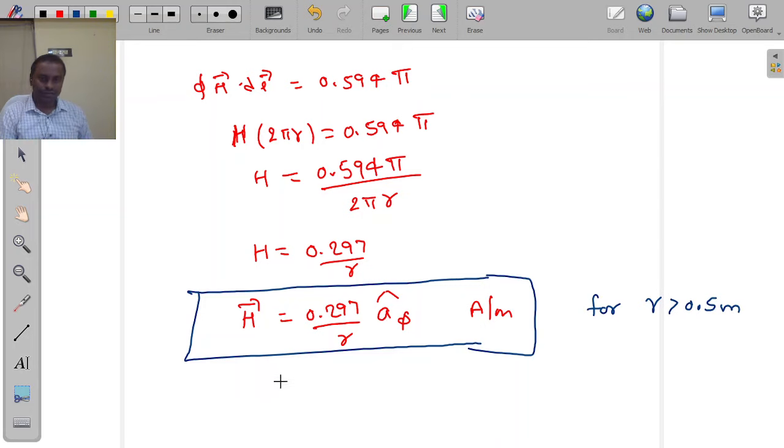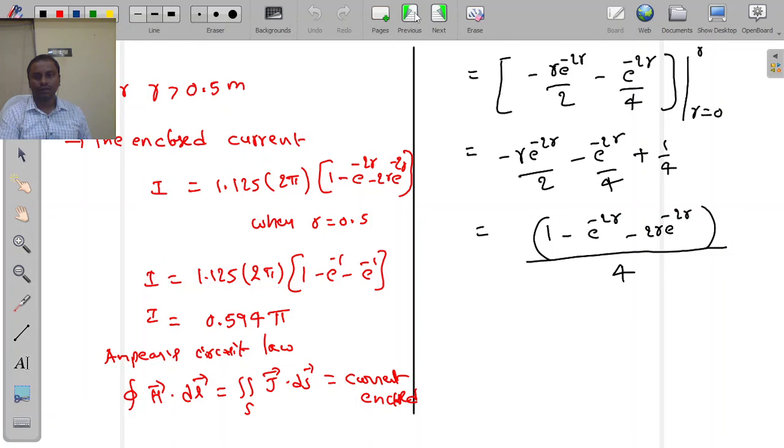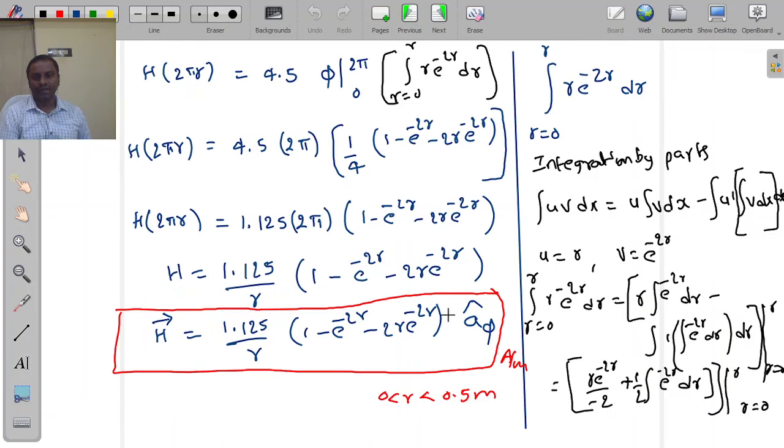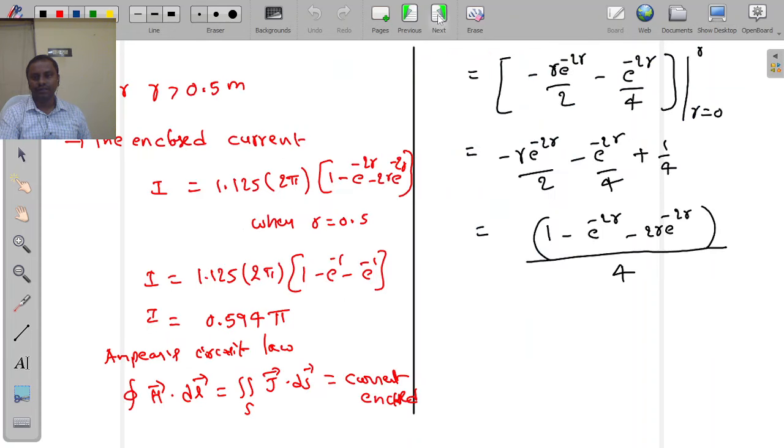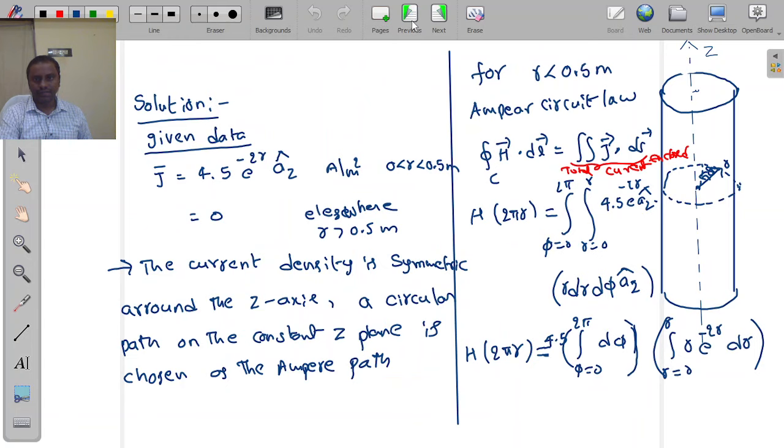So there can be two possible answers for this question. One is for r less than 0.5 meters, this is the answer. For r greater than 0.5 meters, this is the answer. So question clarity is missing.